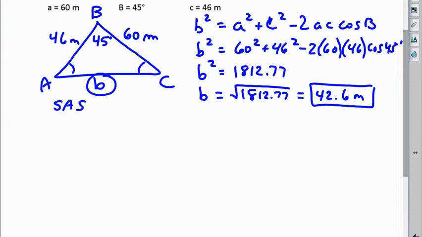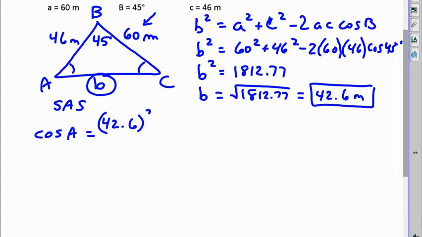There's a possibility when I look at these sides, with side A being the biggest side, 60, that's a possibility to be an obtuse angle. I think I'll go for that angle first. So cosine of A will be, now I get side B, which I have, 42.6. Of course, I'm using the really long version.